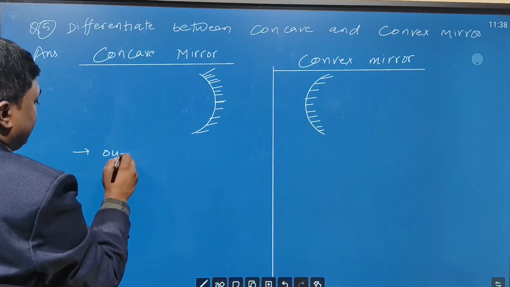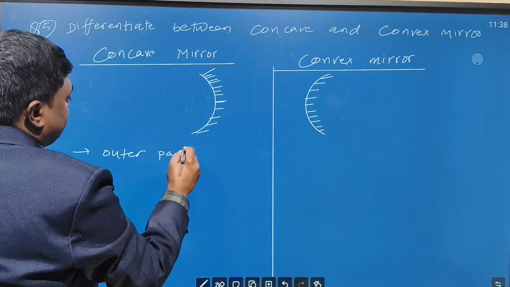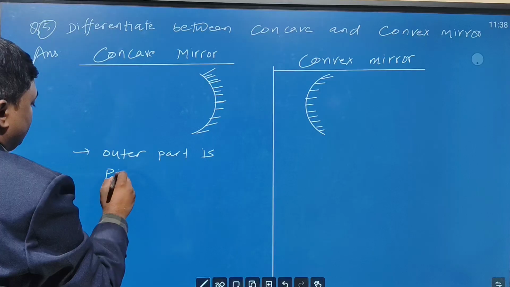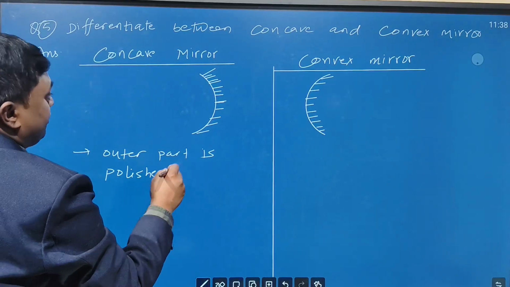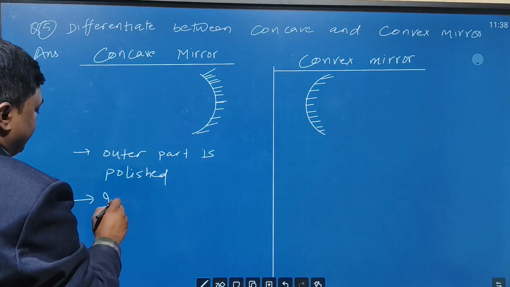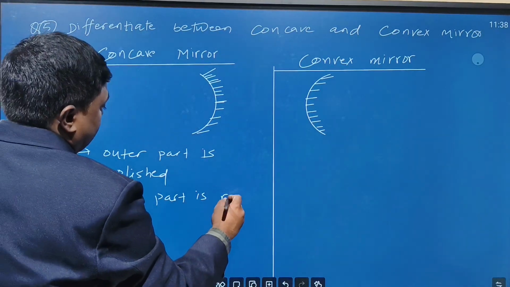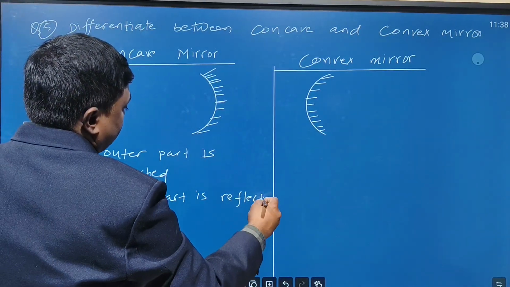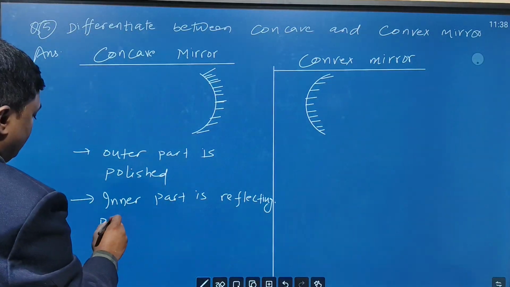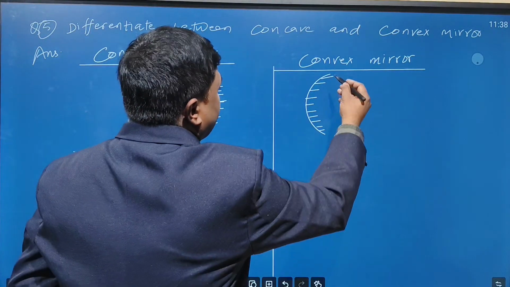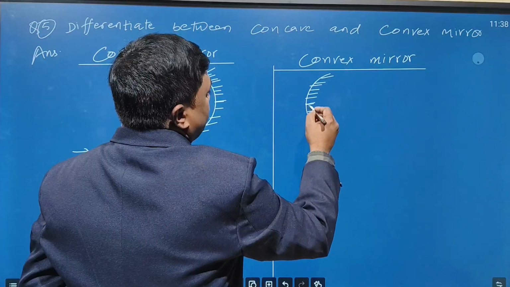Okay, so this is what you can write here: outer part is polished. Yes or no? And which is the reflecting part? Inner part is reflecting part. Whereas when we talk about the convex mirror, you can see here inner part is polished.